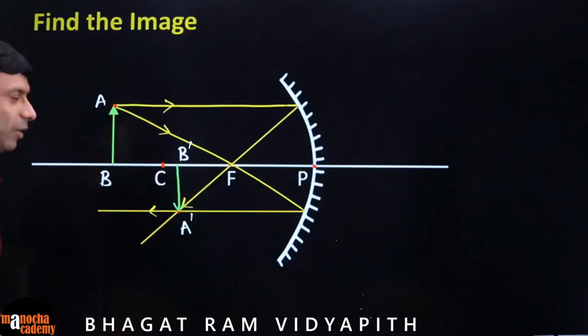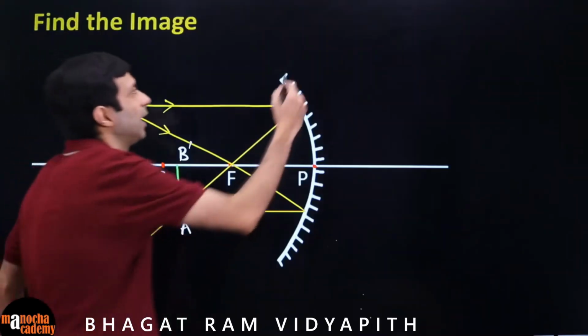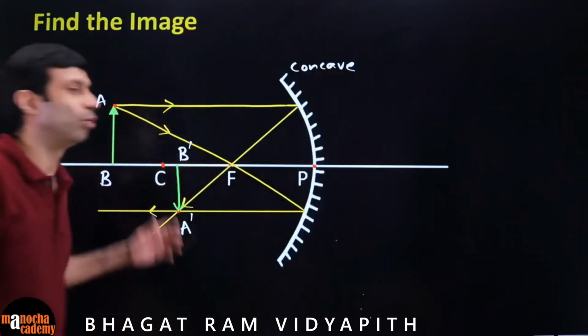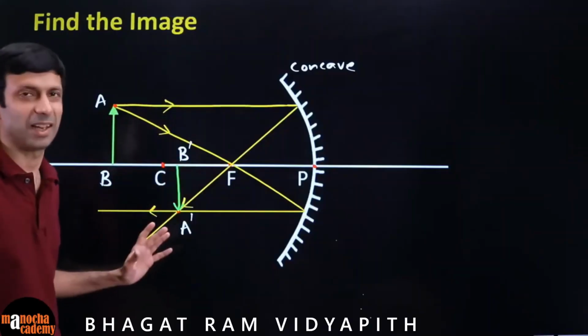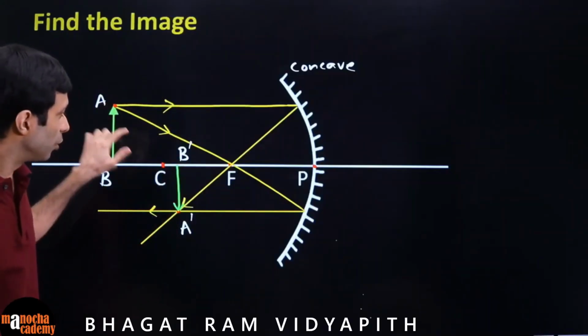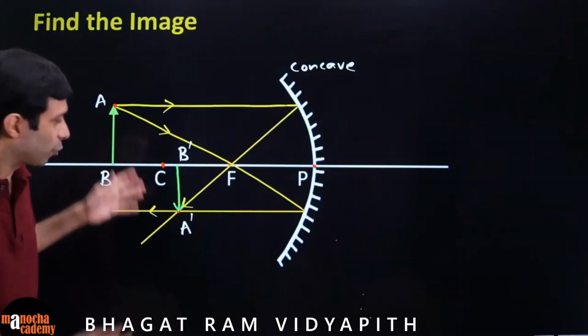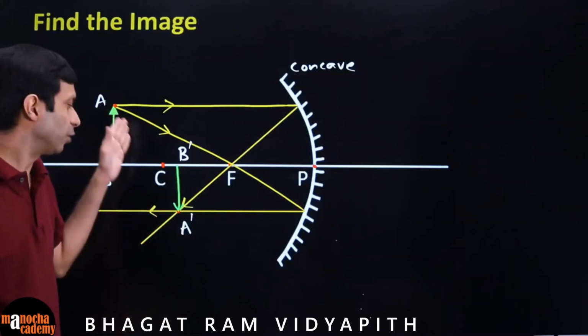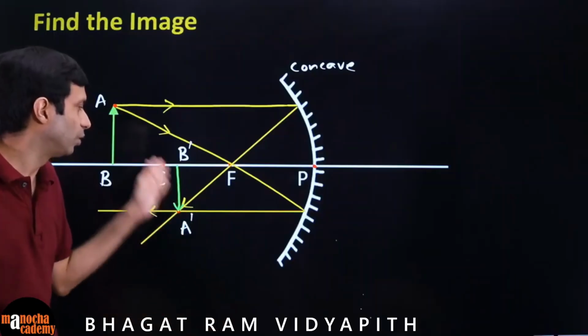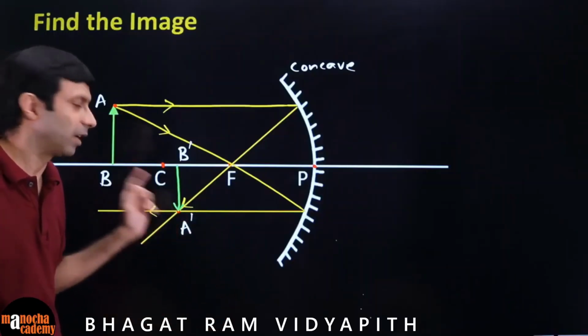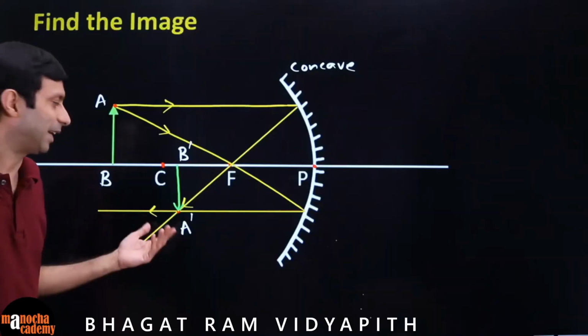Done. So can you guys see? We have got our image here for a concave mirror where we use rule 1 and rule 3. As simple as that. If you use rule 2, you would also get the same thing. Of course, my diagram is a bit rough here, but you will have the same ray passing through the center of curvature and it will again give you the image at A dash.